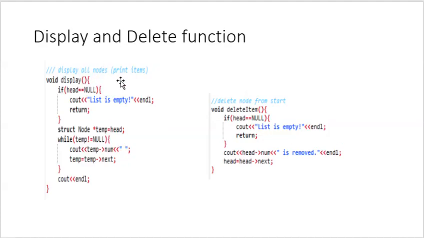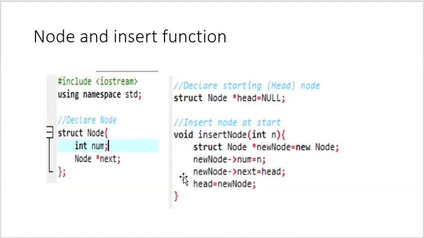Here I have written a function for display. I think you will get this issue: in the previous code we first checked whether the linked list is empty or not. If it is empty, we insert the node at the beginning, otherwise we insert it at the next node.